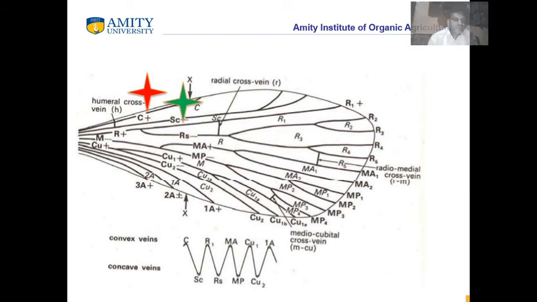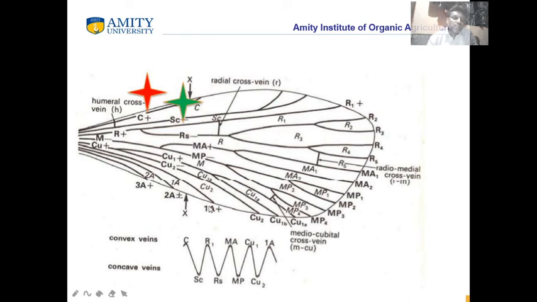You can see different names: humeral cross veins connecting costa and subcosta, radial cross veins connecting R1 with RS or R1 with R2, R3, then radiomedial cross veins connecting the last R5 with first MA1, mediocubital cross veins connecting the last medial vein with the first cubital veins.